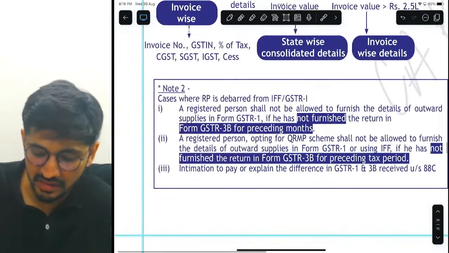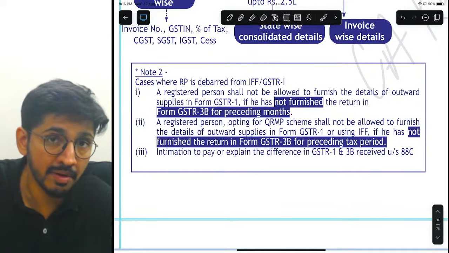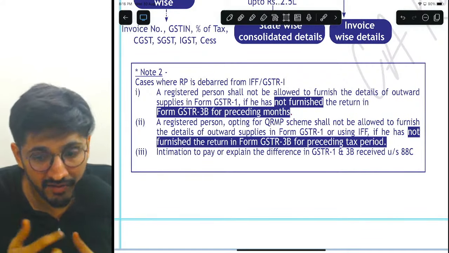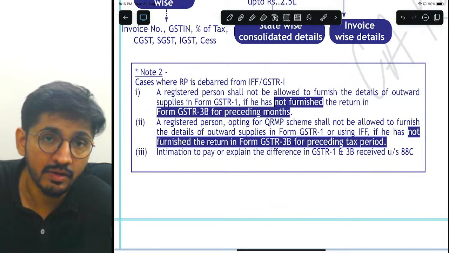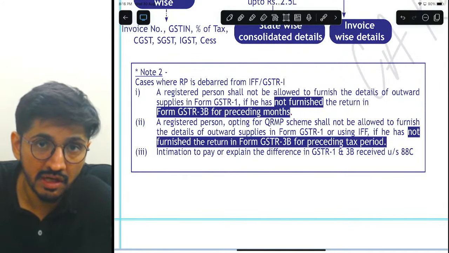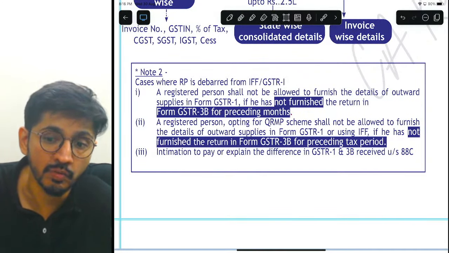Now, this is recent information on which an amendment has happened. So, which are the cases where a registered person is debarred from filing GSTR 1? Understand, if you don't file GSTR 1, the purchase of the person to whom you have sold goods is not auto-populated in his GSTR 2B.